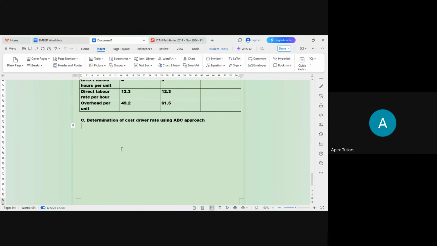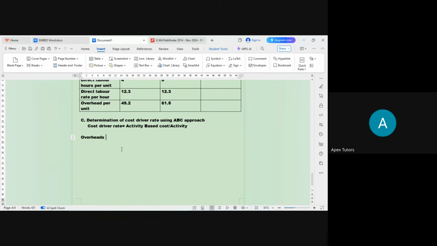Now, you must know this. Cost driver rate is equal to what? Activity-based costs divided by activity. Now, this is it.